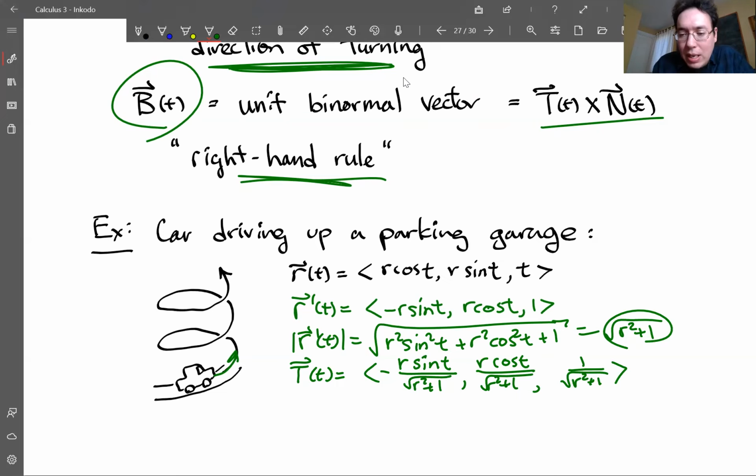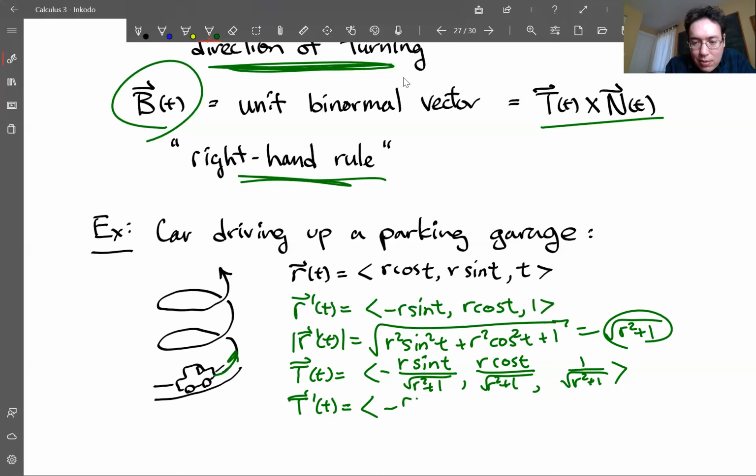So it's a little messy, but not too bad. Let's take the derivative of this so we can get the direction of the turning. The square root stuff isn't scary because they're just constant, so we're only taking the derivative of sine and cosine here.